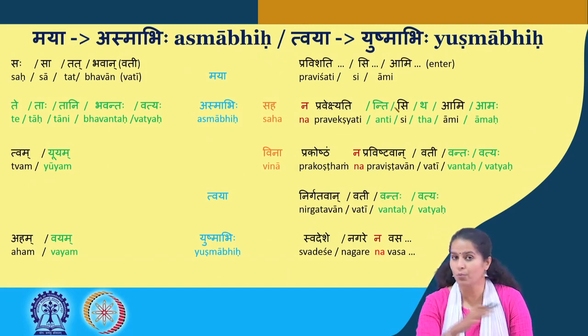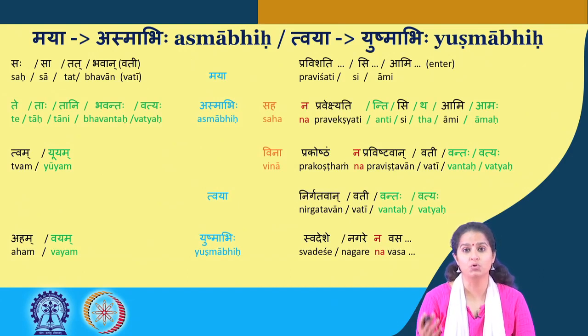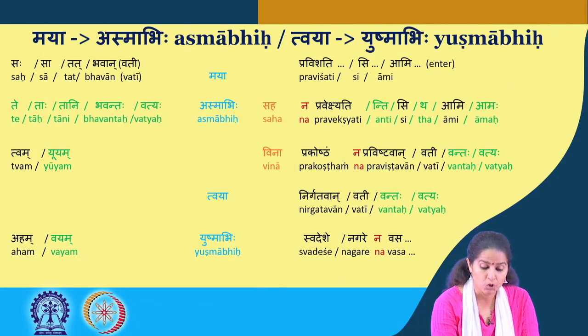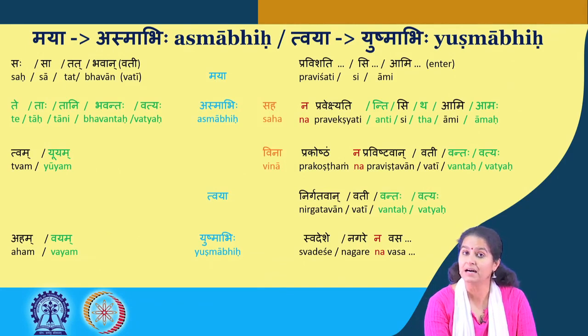Na is an option if you want to negate the sentence. The other way of negating it is using vina, which means without me. So if you want to say I will not enter with you, you can say aham tvaya saha na pravekshyami, means I will not enter with you.